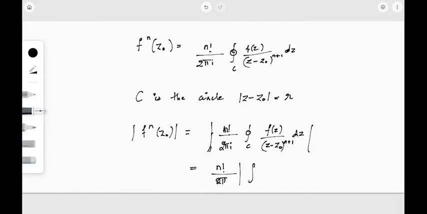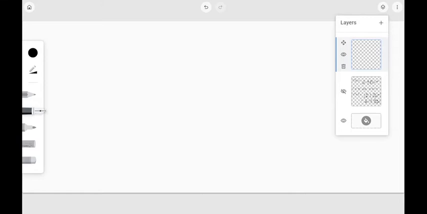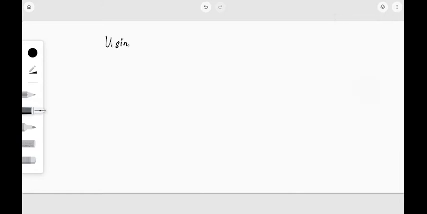Then the remaining term is modulus of the integral over C of f(z) dz divided by (z minus z0) raised to n plus 1. Now using the ML inequality, we can find a bound for the contour integral, where the function is bounded by M and L is the length of the contour.